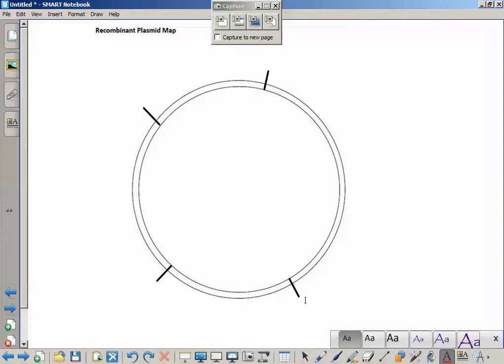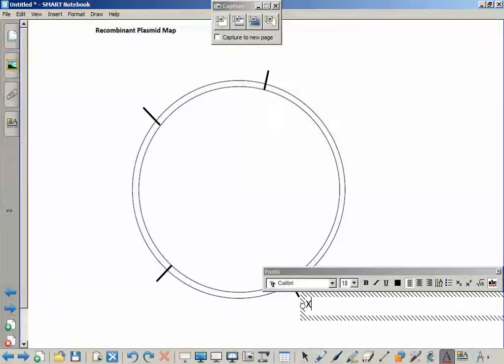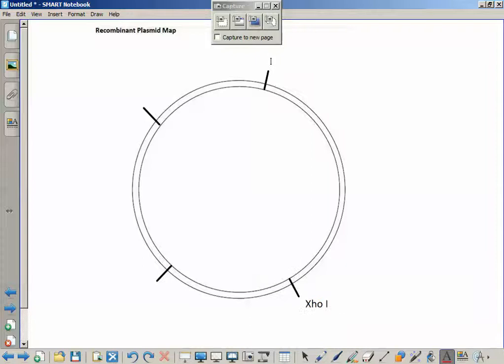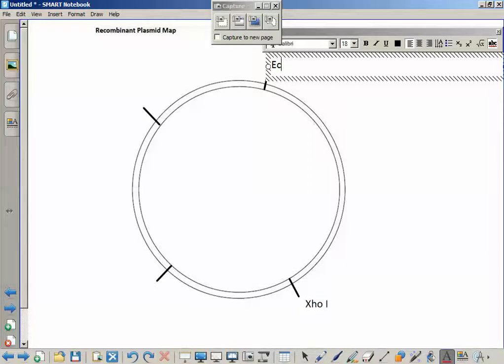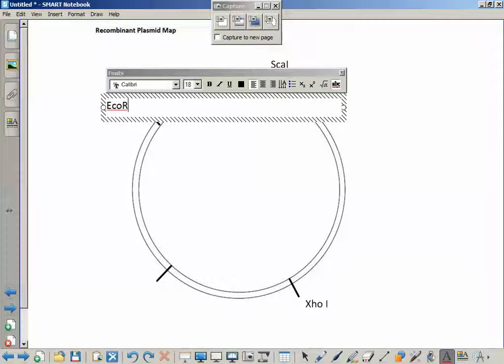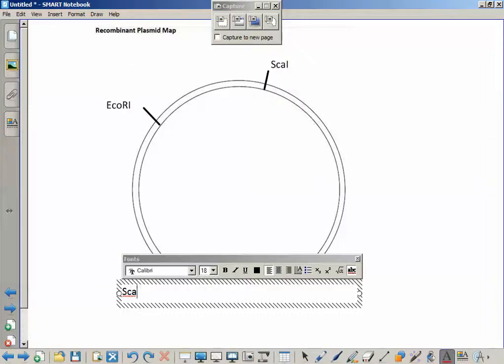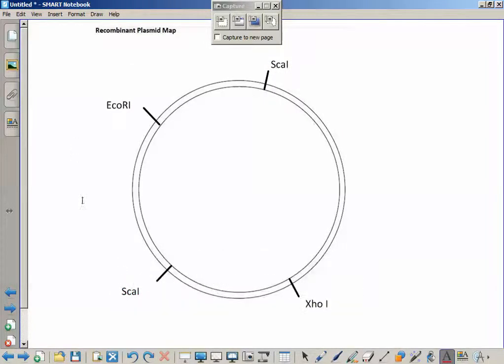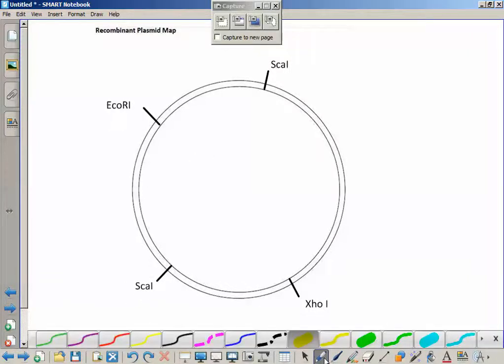Okay, so on my map, I've got my first enzyme, ZO1. Got my second enzyme, EcoWar1. Nope, sorry, that's SCA1. EcoWar1 is over here, and then the SCA1 over here. You'll notice that the fingerprint enzyme is going to cut within the plasmid as well as the gene.